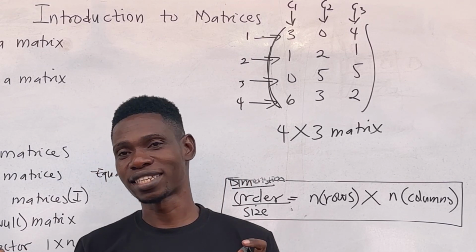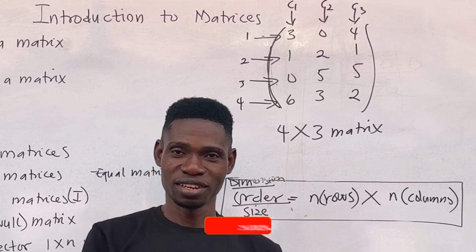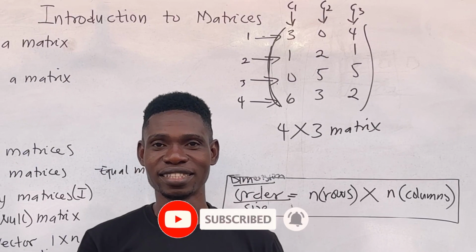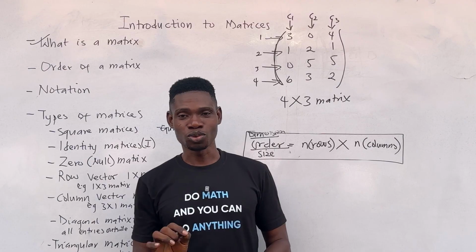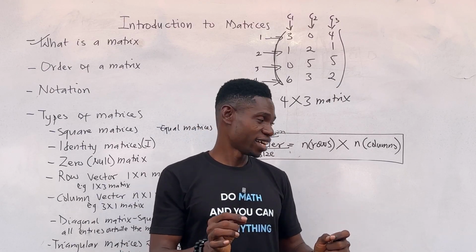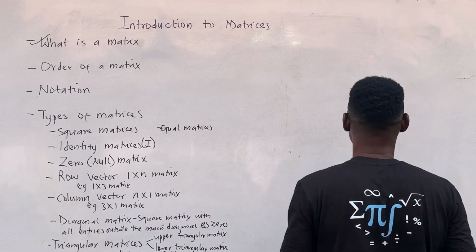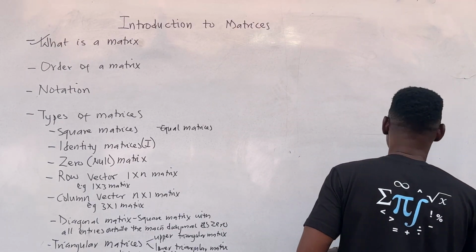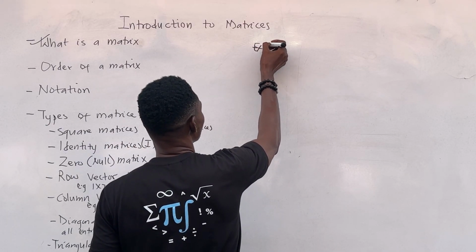Okay, as a quick exercise, I will give you 3 matrices. You just tell me the order of these matrices, order, size, dimension. So I'll give you 3 quick ones. I like getting feedback when I teach, so I'm very sure that everyone is following. So let's call this exercise 1.